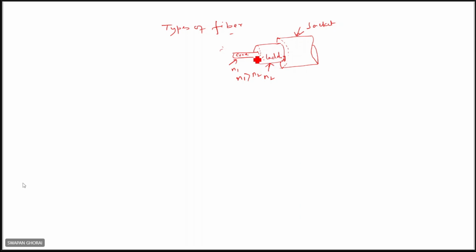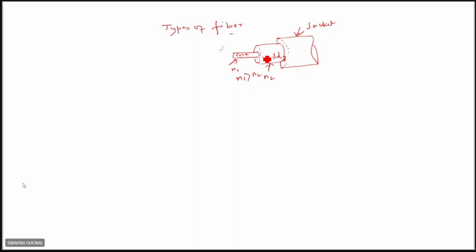But still, if they are made of glass and you touch it, the dimension is very, very small, in microns, so it might break. To increase the mechanical strength, a buffer coating, a plastic coating, is provided, called the jacket. Only then will it be a flexible fiber, right?